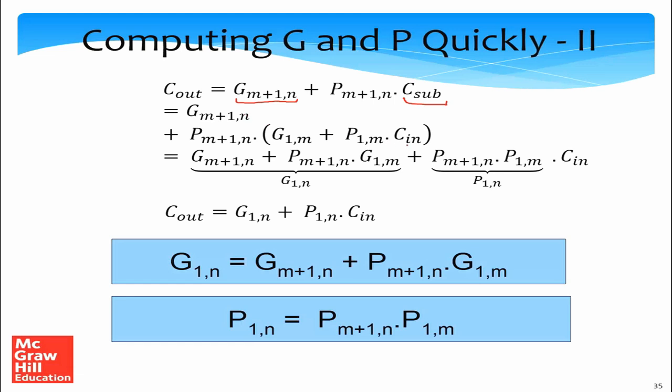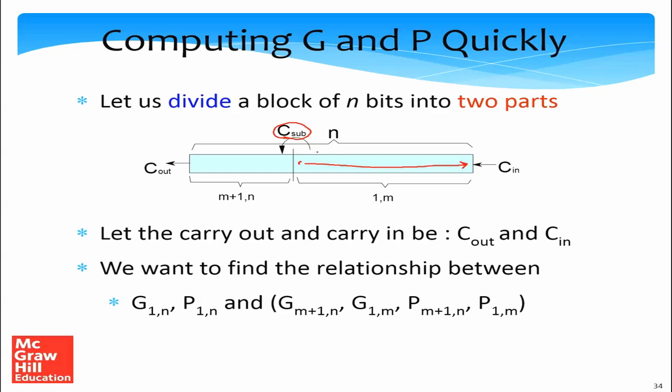By doing a little bit of algebra and rearranging the terms, what we see is that the generate function from 1 to n will essentially be the generate function of the n minus m bits, or the propagate function of the n minus m bits and the generate function of the first m bits. This means that either the first m bits are generating a carry and the carry is being propagated through the n minus m bits, or the n minus m bits are generating a carry and the carry is being reflected in the carry out.